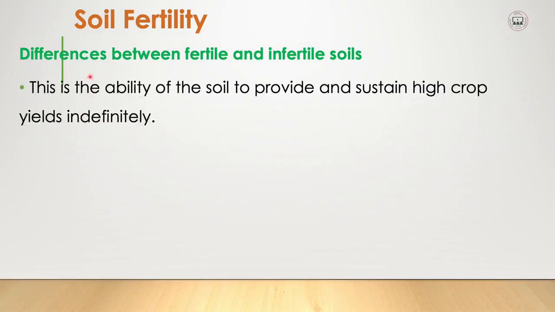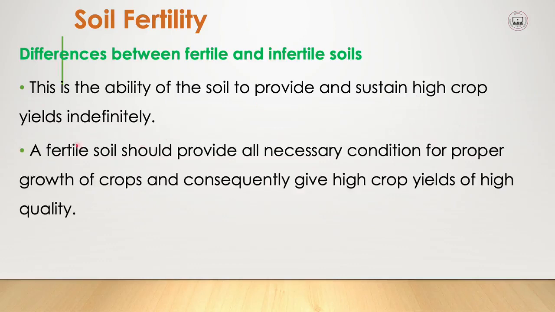Before we go to that, let us define the term soil fertility. If we say the soil is fertile, we're talking of the ability of the soil to provide and sustain high crop yields indefinitely. A fertile soil should provide all necessary conditions for proper growth of crops and consequently give high crop yields of high quality.